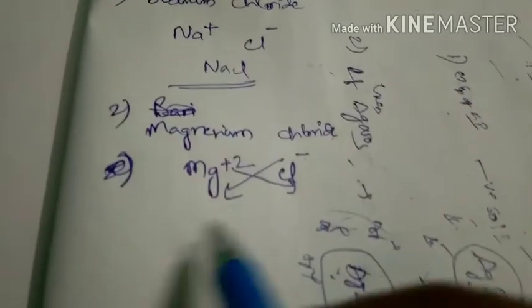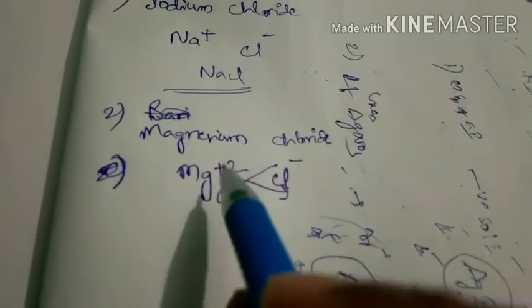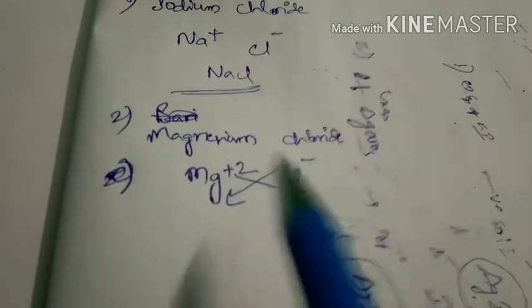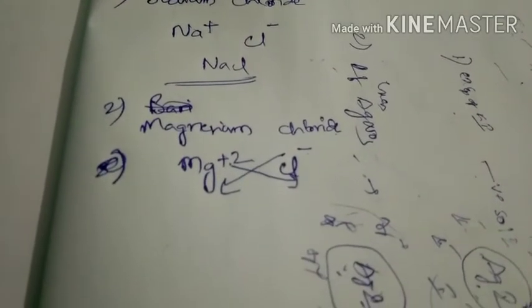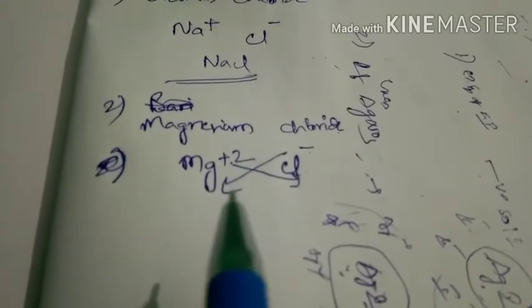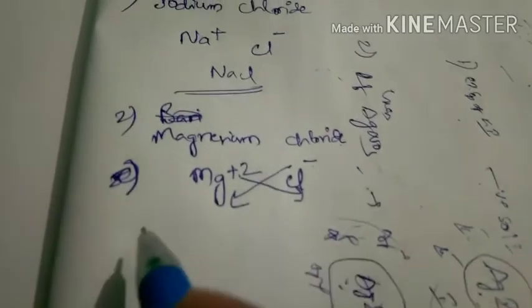While writing the formula, we should not mention positive and negative charges. We should mention numbers only. I repeat once again, while writing the formula, we should not mention charges. Numbers only.